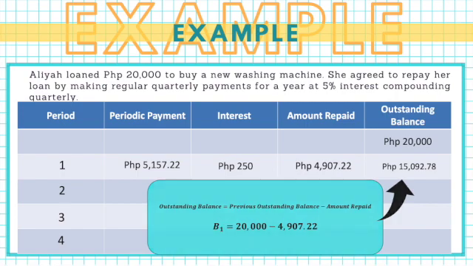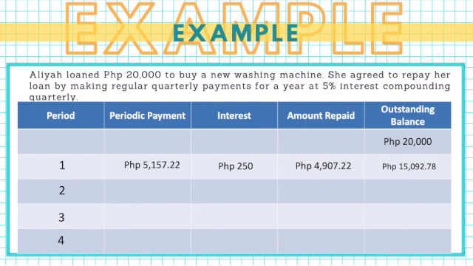Repeating the process, on the second quarter she is going to pay 5,157.22. Calculating the interest, we take 15,092 pesos and 78 centavos multiplied by 0.05 divided by 4. That gives us an interest of 188 pesos and 66 centavos.